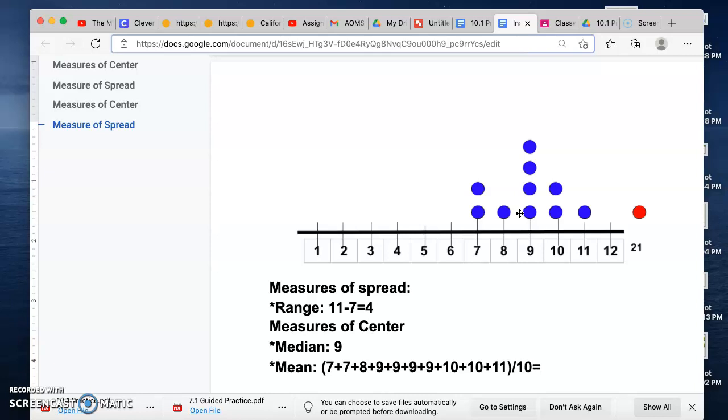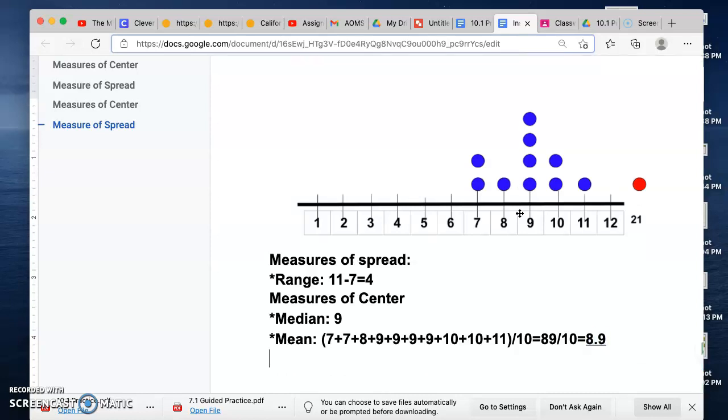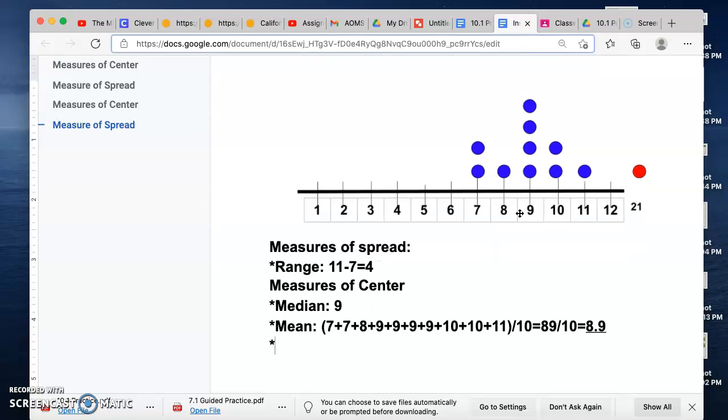So that comes out to 89 divided by 10, which means my mean is 8.9. Now finally, the last one that, again, the book doesn't show you, but it's still useful, is mode. Which one of these comes up the most often? Well, you can see right away on a dot plot like this, it's 9.